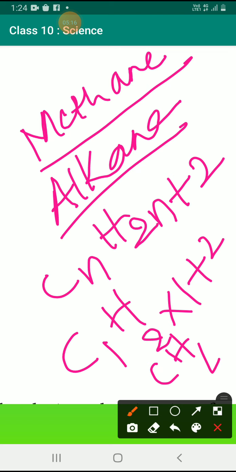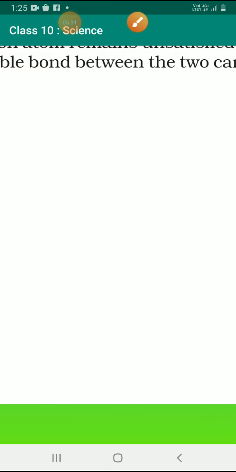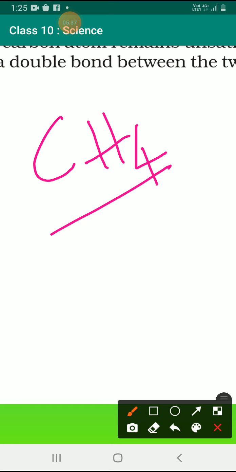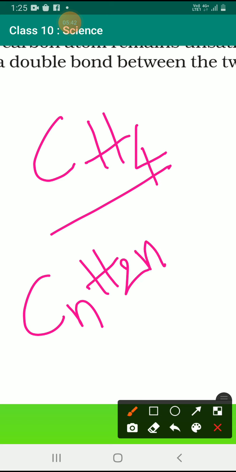So I can write CH4 here. I cannot write here neatly, but I hope you understand. CH4 is nothing but methane. How can I calculate methane? With the help of the formula CnH2n plus 2.